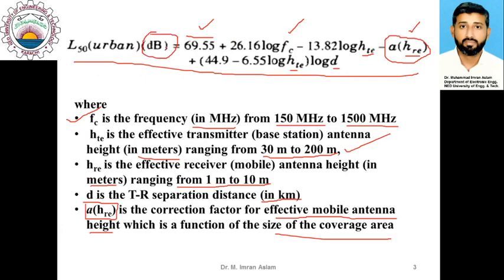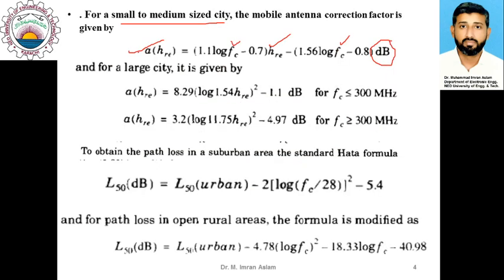You can see here this relationship which is given by the Hata model is also in decibels. So A(HRE) is also in decibels, so this is the correction factor which we use when we have a small or a medium size city.